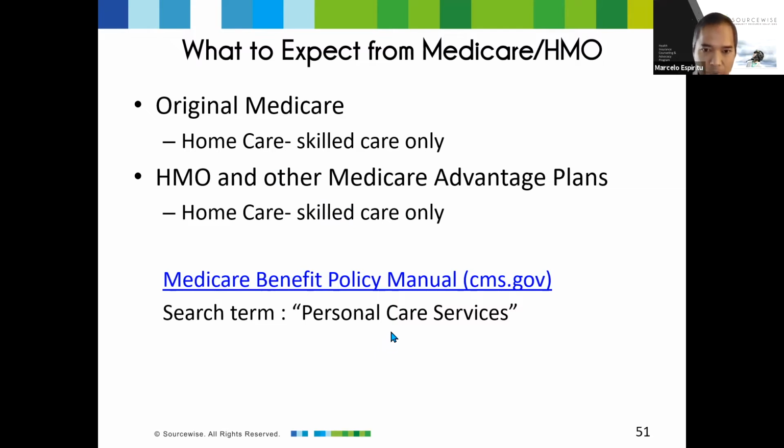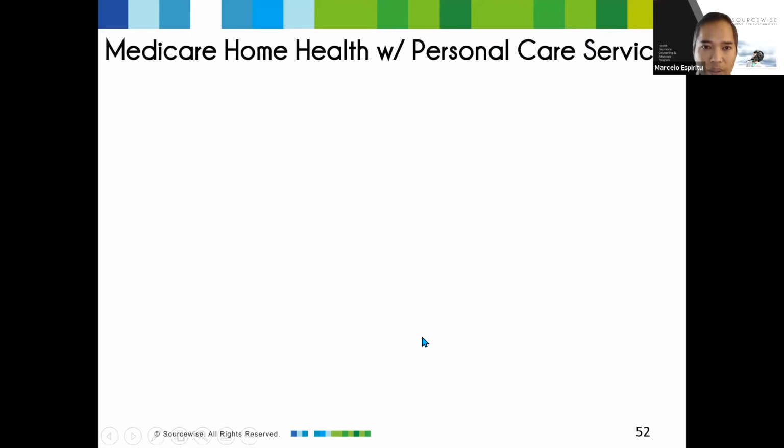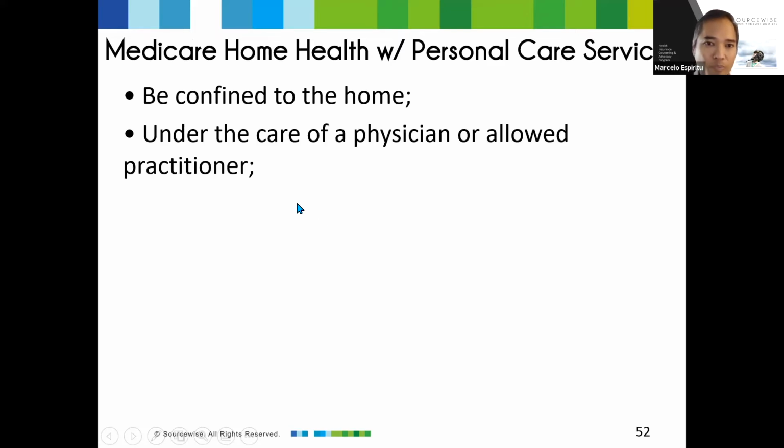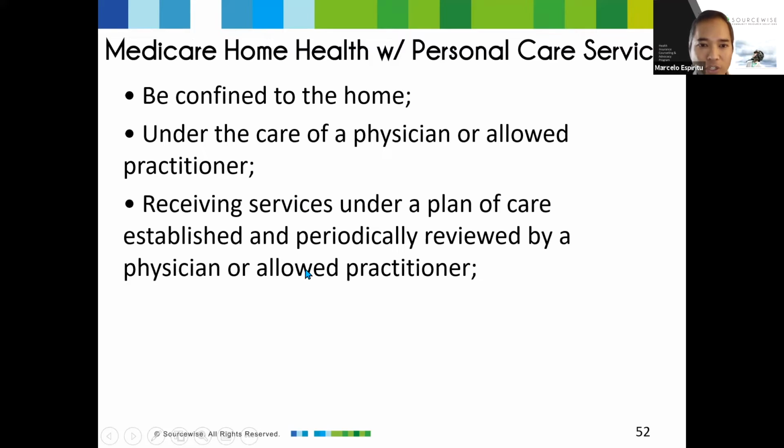So if you're curious about personal care services in Medicare, there's what's called the policy manual. And I'll get you that link. But so to trigger personal care services, somebody that can help with activity of daily living or to help you stay at home, you have to be confined to the home. You have to be under the care of a physician or an allowed practitioner.